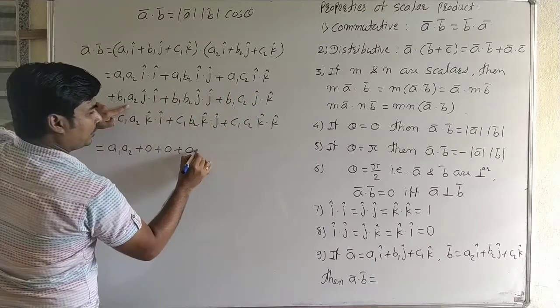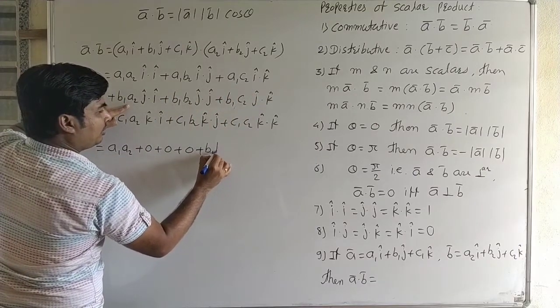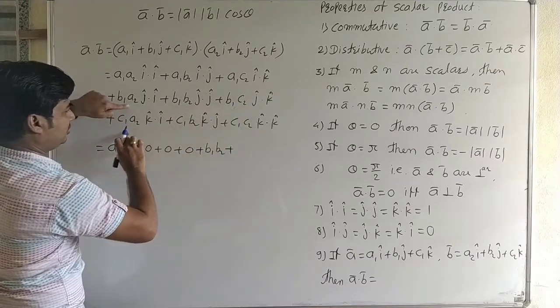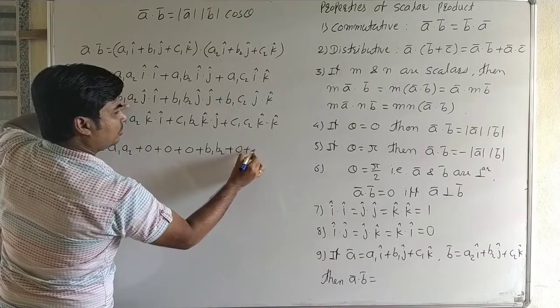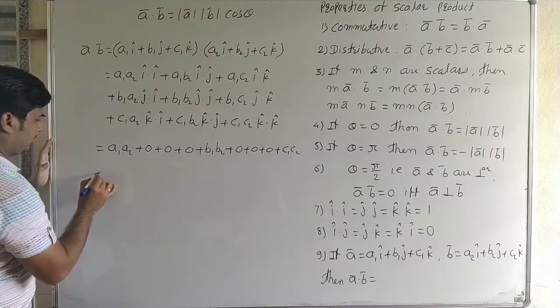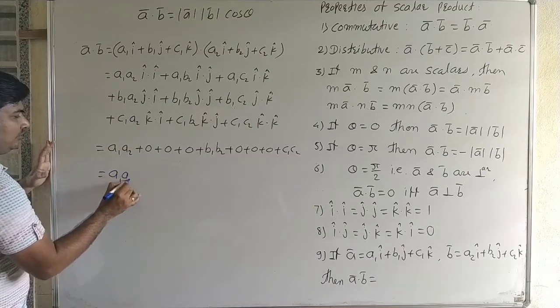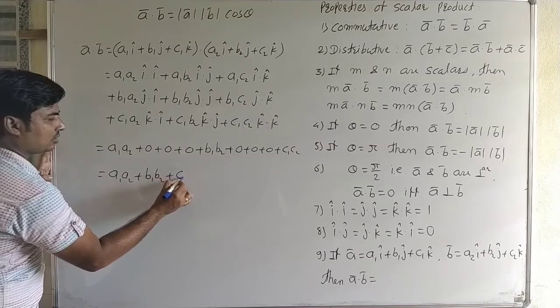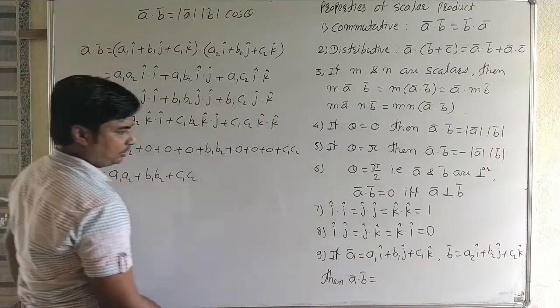Now here plus B1 B2, then again 0 plus 0 plus 0, and plus C1 C2, and therefore you can write A1 A2 plus B1 B2 plus C1 C2.